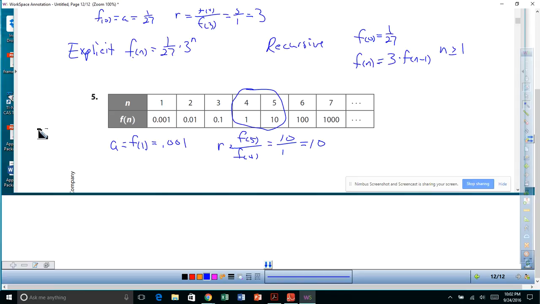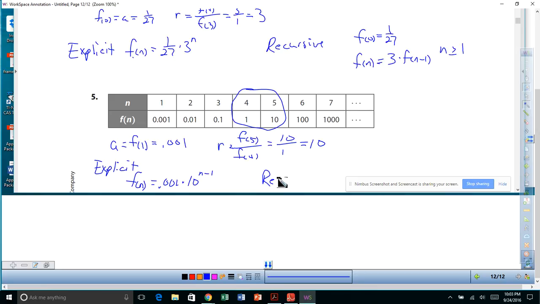All right, explicit formula. Now this formula is going to be a little bit different than the other one because we're starting at 1. So we're going to have f of n equals 0.001 times 10, and instead of just n, we're going to use n minus 1 so that it can't go to 0.